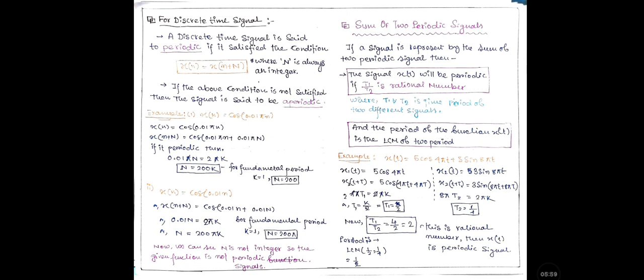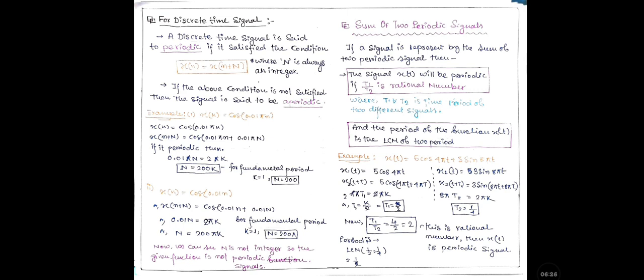Suppose x(t) is represented by the summation of two periodic signals, and T1 and T2 are the periods of these two signals. Now x(t) will be periodic when T1/T2 is a rational number, and the period of x(t) is the LCM of the periods.